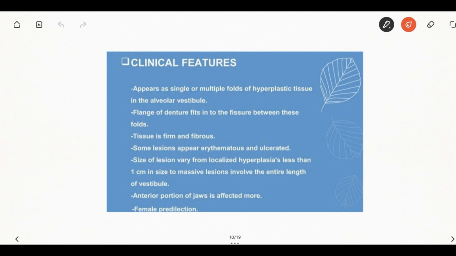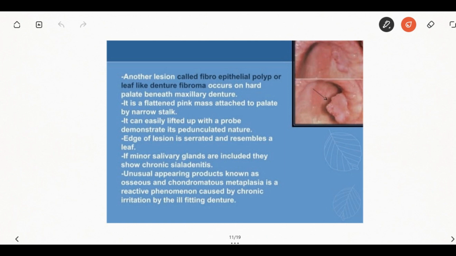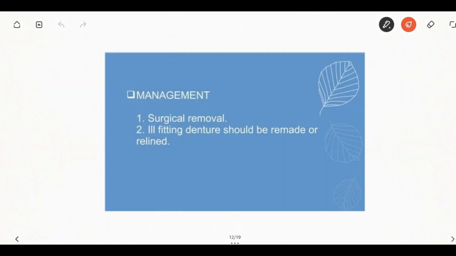In the histological appearance, what you will see is excessive bulk of fibrous connective tissue that is covered by a layer of stratified squamous epithelium that may be of normal thickness or show acanthosis. Pseudoepitheliomatous hyperplasia may be seen. Now, what is the treatment of this inflammatory fibrous hyperplasia?